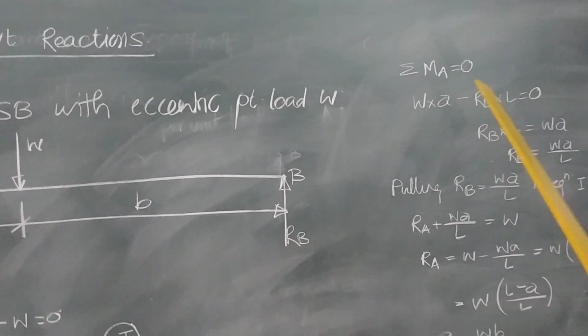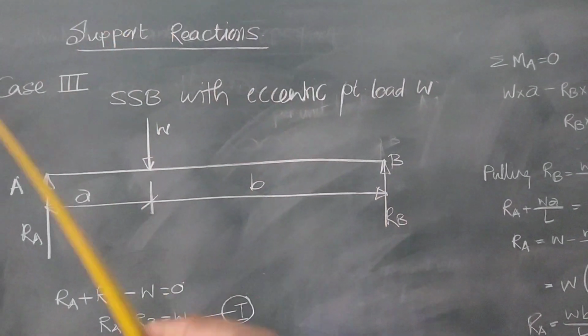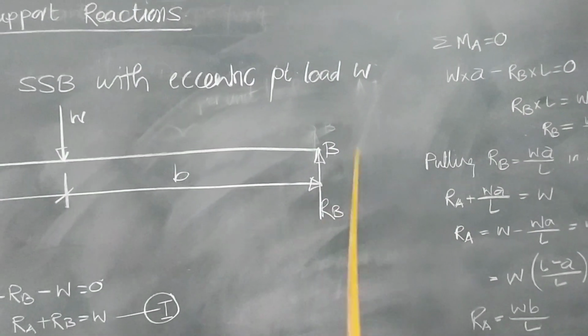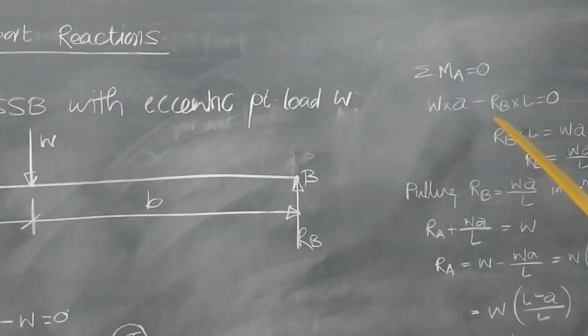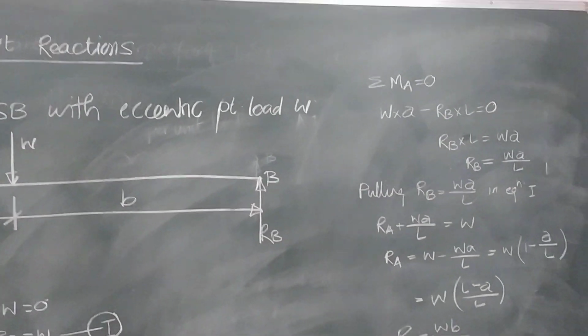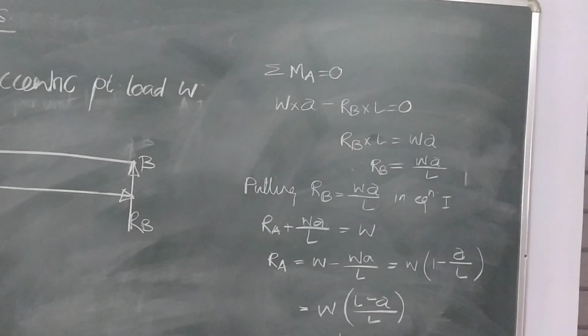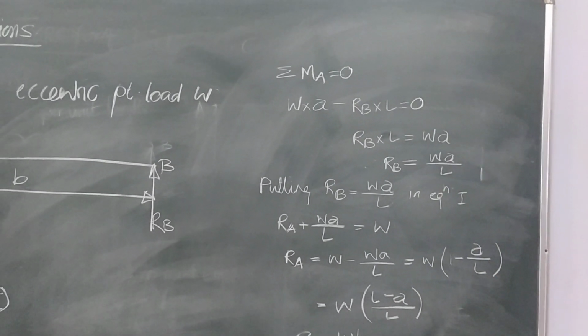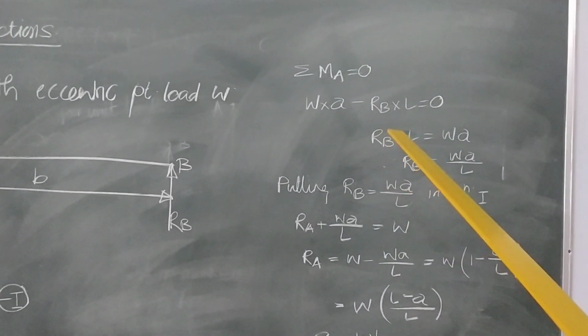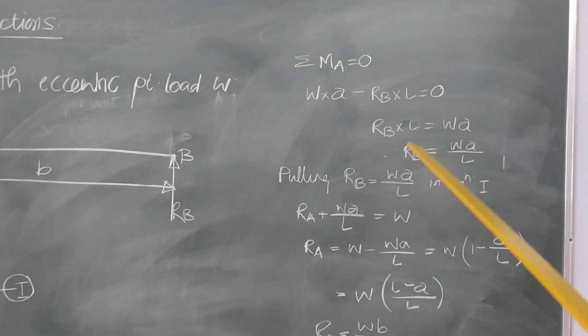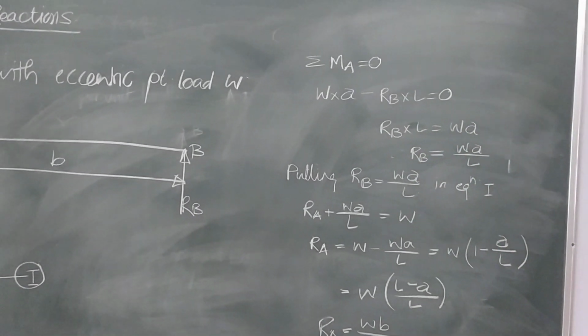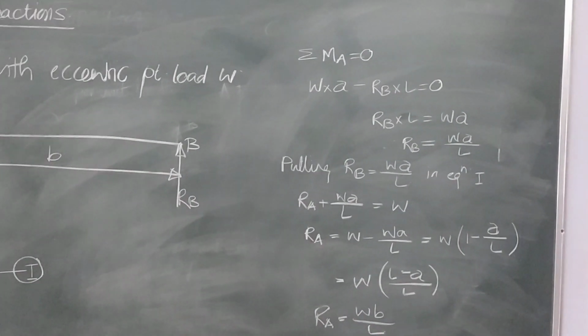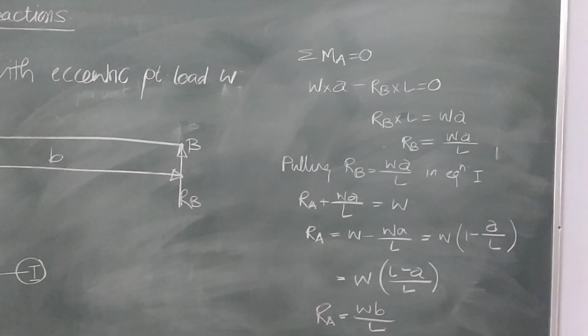Rb into L is anti-clockwise, so minus Rb into L equal to 0. Now we solve this. Rb into L is equal to Wa, therefore Rb is equal to Wa upon L. So it is simple.